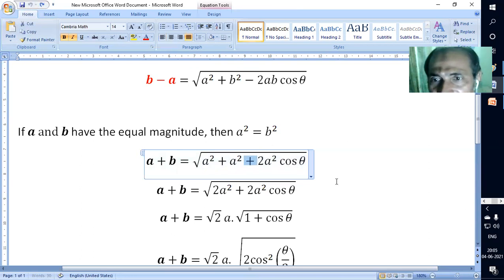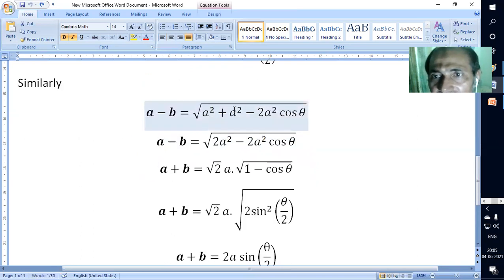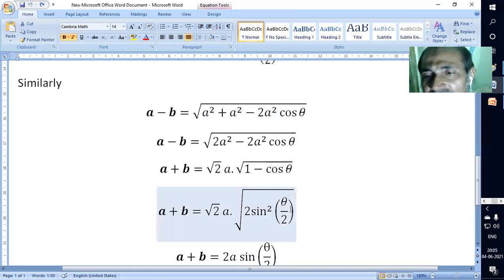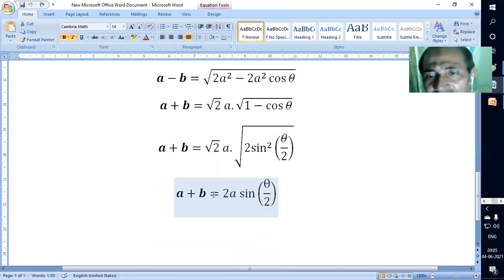I have shown here again this equation where the difference of the two vectors has a certain magnitude and you are interested in writing the magnitude. At the third place, you have negative here, so the same will continue. Again here, under root of 1 minus cos theta is written as under root of 2 sine square theta by 2. So your final answer will be like this. So this is the conclusion.